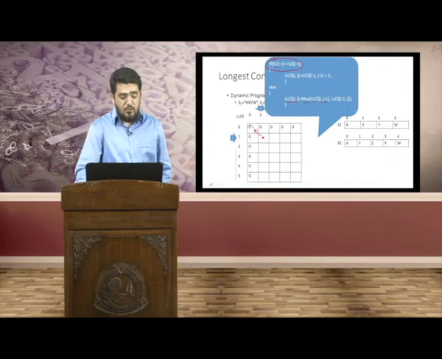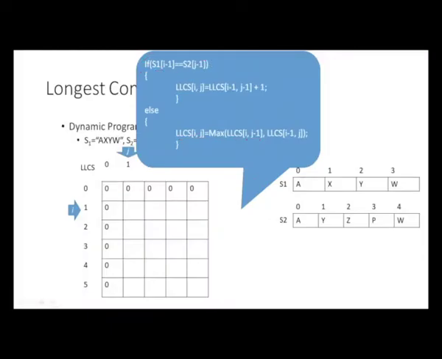Now, in case they do not match, then what do we need to do? If the characters do not match, then the value here would be the maximum of this value here, LLCS of i minus 1 comma j, and this value, LLCS of i comma j minus 1. So, the maximum of these two would be used to fill in the value for this cell in case the characters do not match.